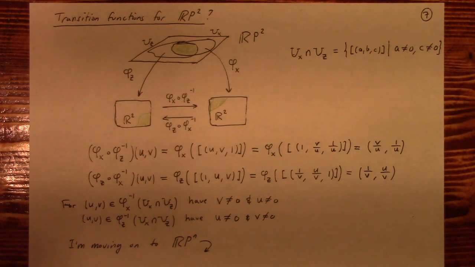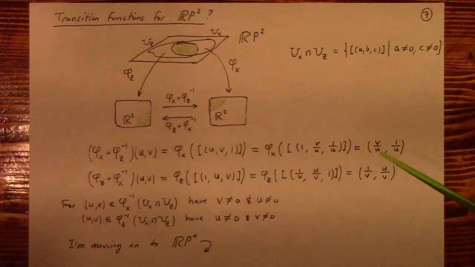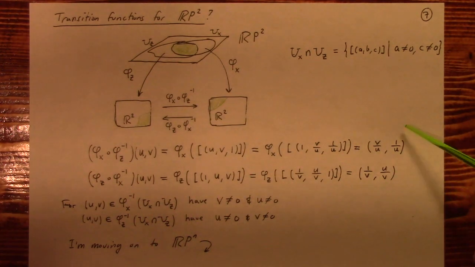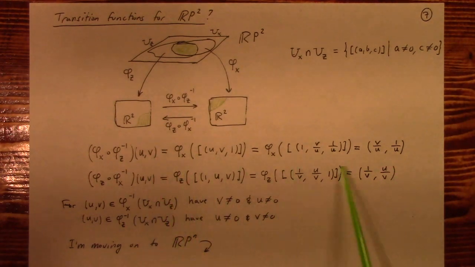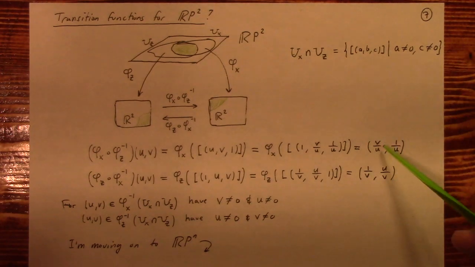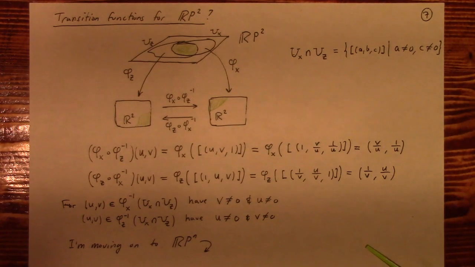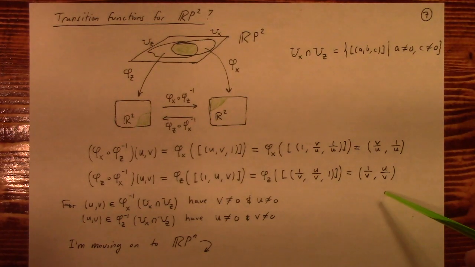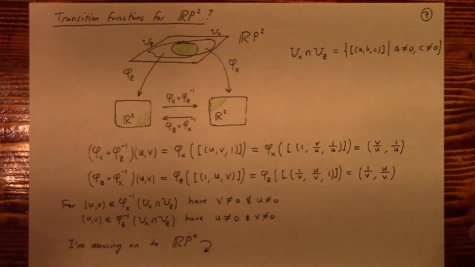I'm not being super careful about the domain, so maybe you should think through that. All right, but here are the formulas anyway, and as you can see, the mapping of u, v to these, in the context that u and v are both non-zero, which I believe is our context in this intersection here. Those are smooth transition functions.